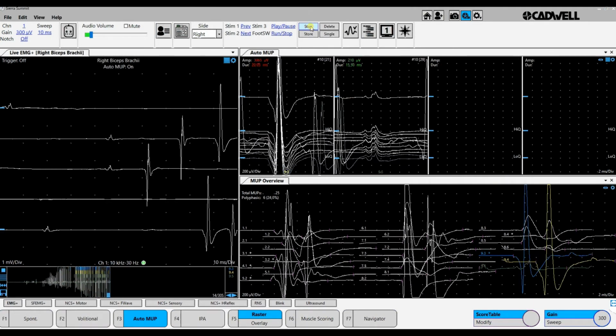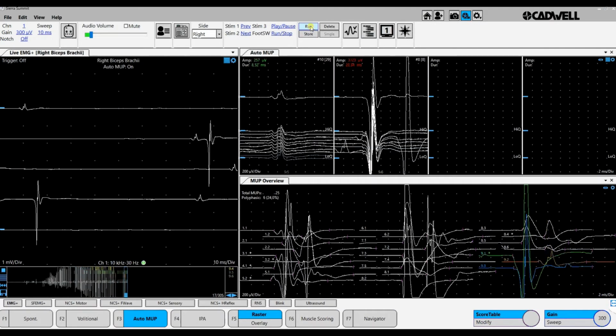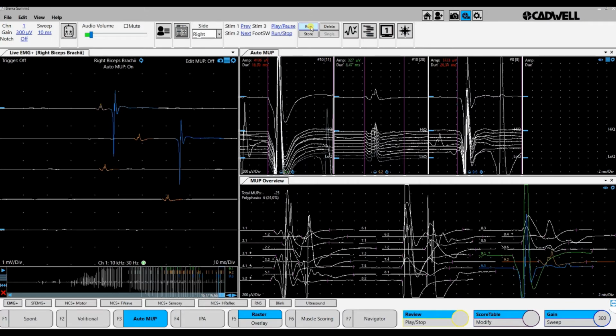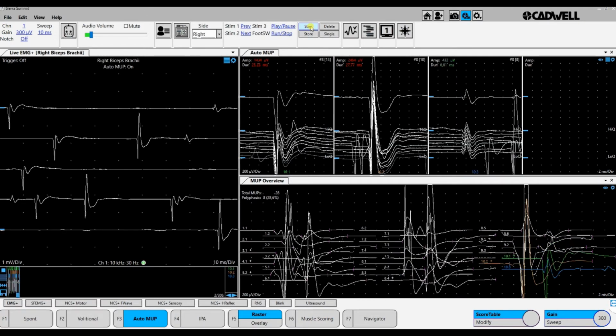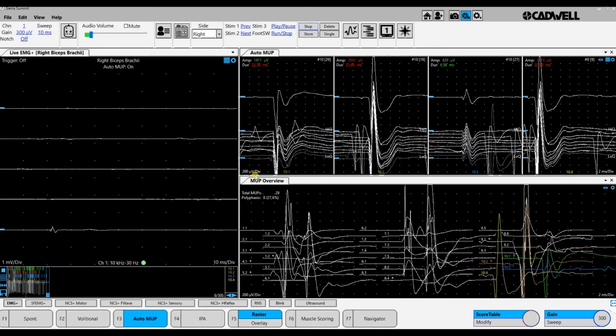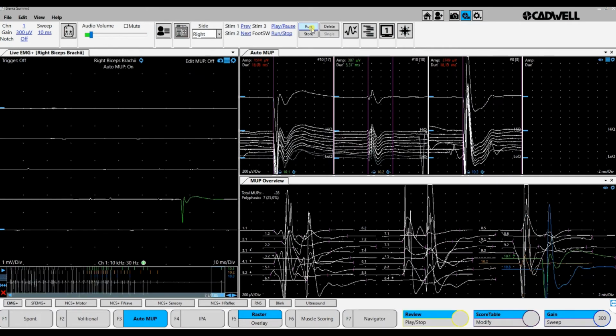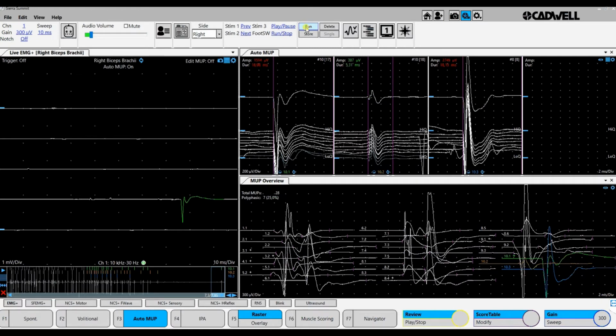Yes, some high amplitude, some low amplitude. Accept this one. And then we restart the analysis. We accept this one. And then we take new analysis. We run.